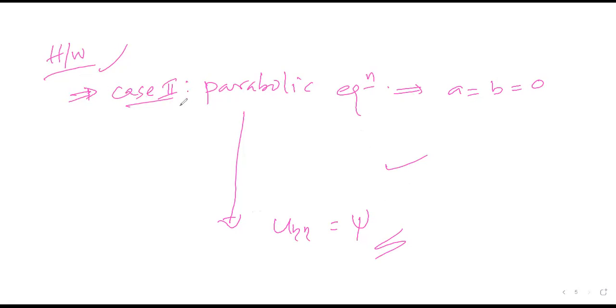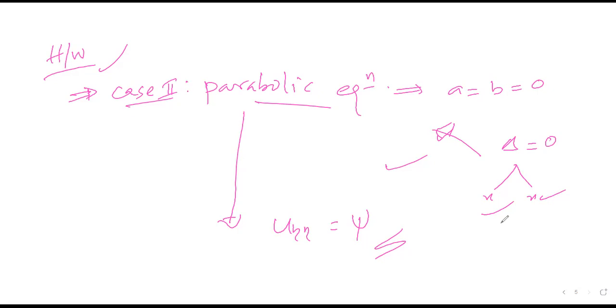You can try case number 2 for the parabolic equation the same way. As you can see from our algebraic knowledge, if delta is equal to 0, you will have the same root, repeating roots. That's the only thing you have to keep in mind.